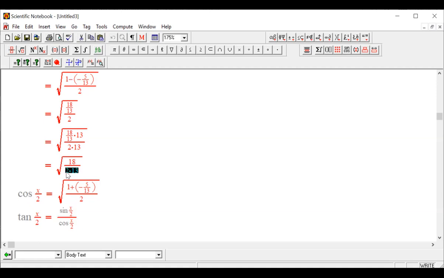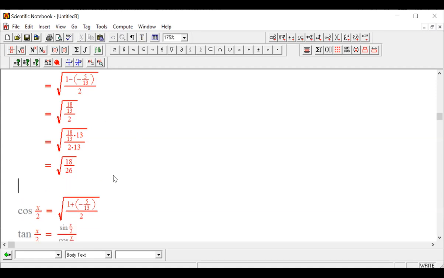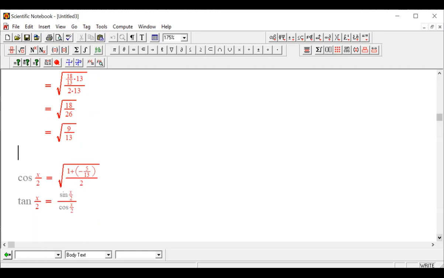The bottom is 26. We actually can reduce 18 over 26, right? Because the common factor is 2. So let's do that. If we divide 18 by 2, 26 by 2, this will be 9, and this is 13, right? And square root of 9 is 3.